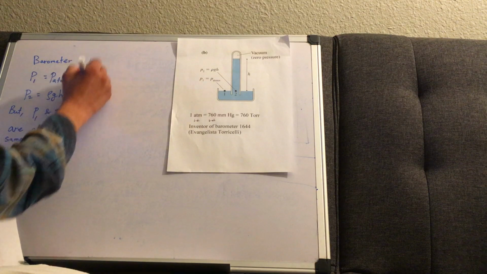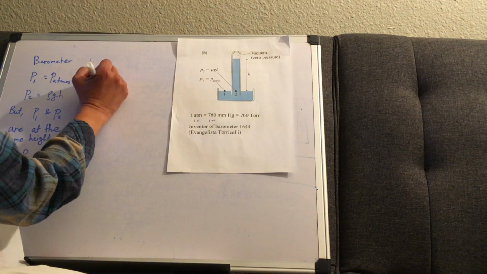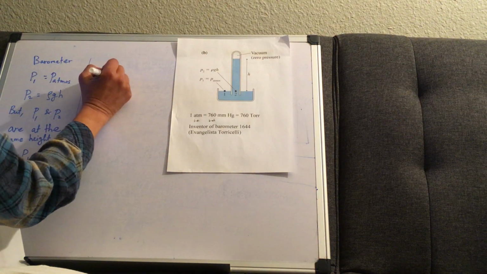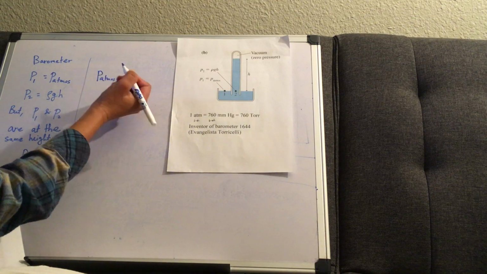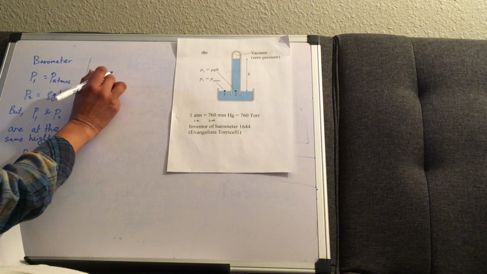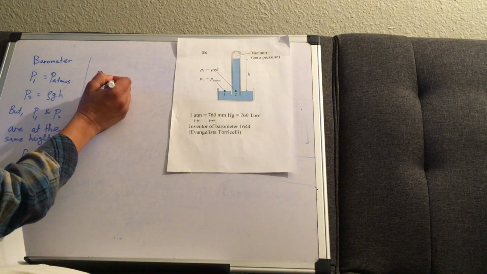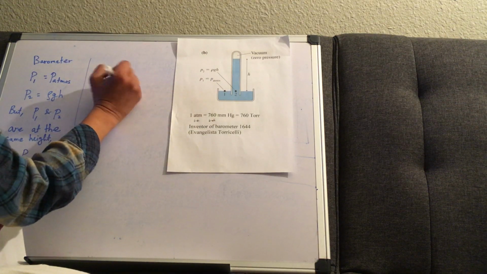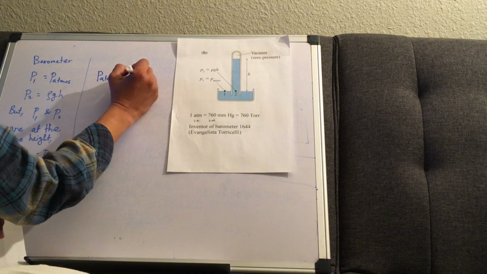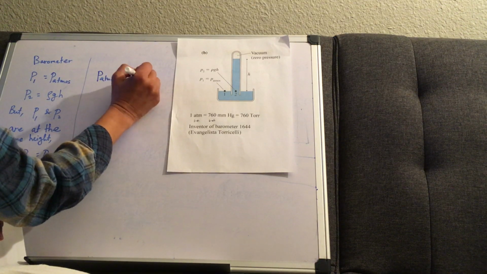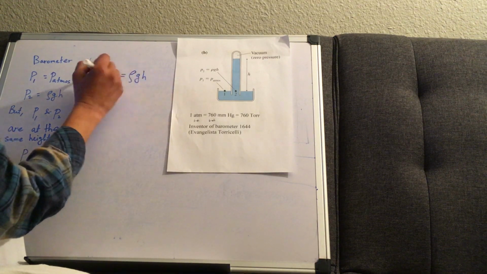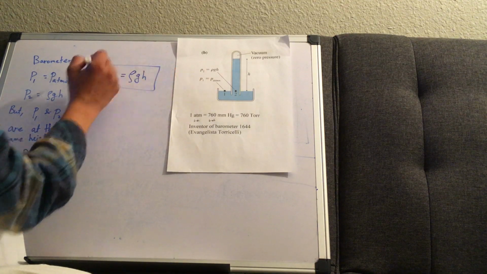So this really means what then? P1 is P ATM. I just write P ATM, guys, as long as you're consistent, it does not matter. So P ATM is equal to P2, right? So that must be equal to rho gh. So this is how we can use a barometer.